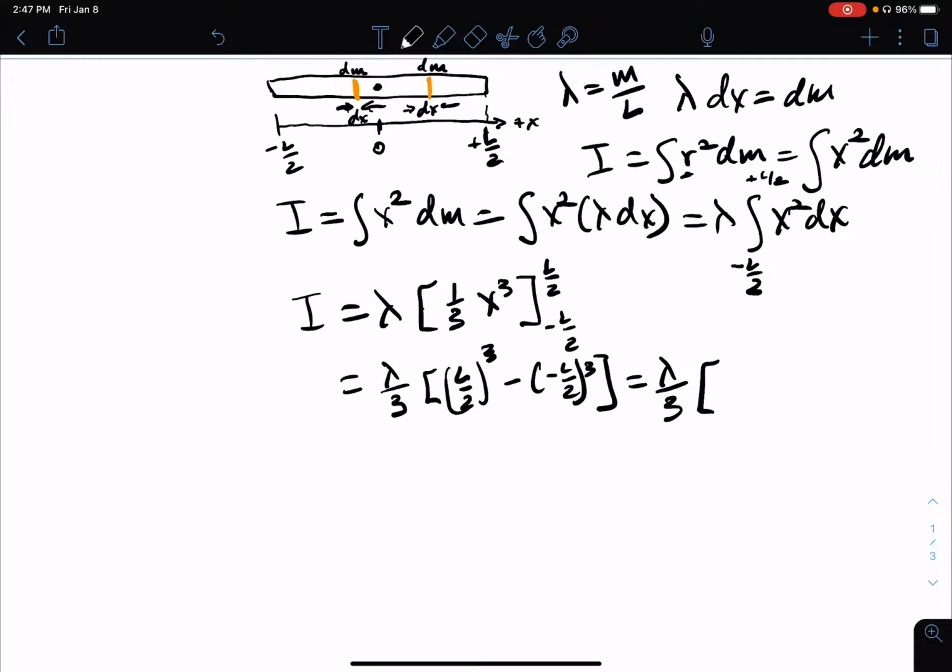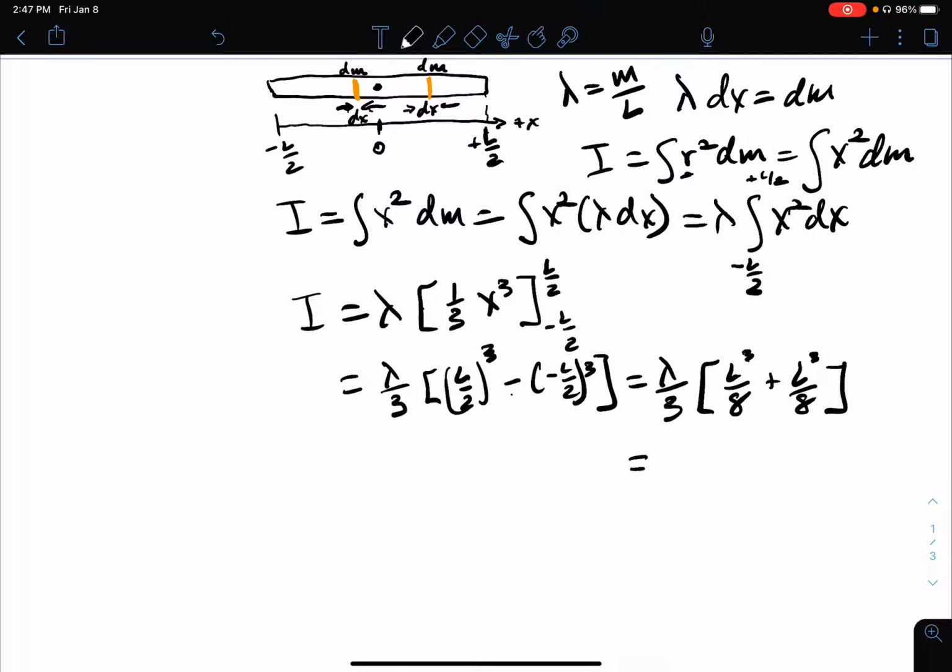L over 2 cubed would be L cubed over 8. And then negative L over 2 cubed: think about it this way. We could take the -1 and cube that, and that's a -1, times the -1 right here, and you get positive. So we end up with L cubed over 8 plus L cubed over 8.